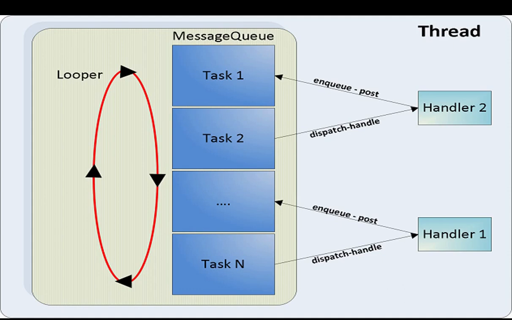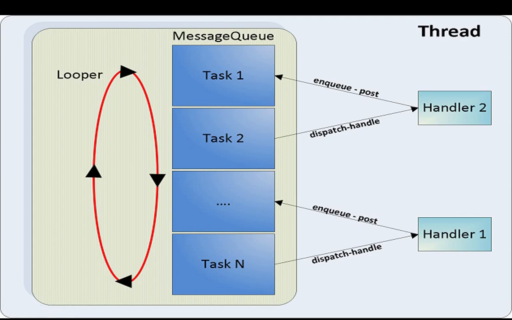So we should do it from the handler class. We can post a task and dispatch through the handler, we can create and assign a task, and even if a task is running and I don't want to execute it, I can remove it through the handler class.